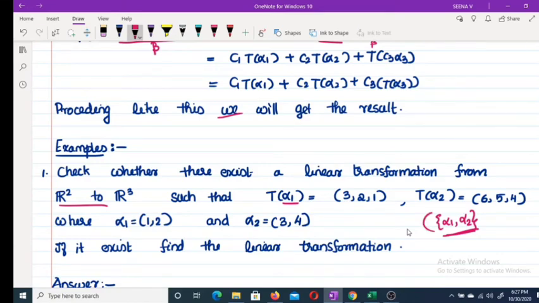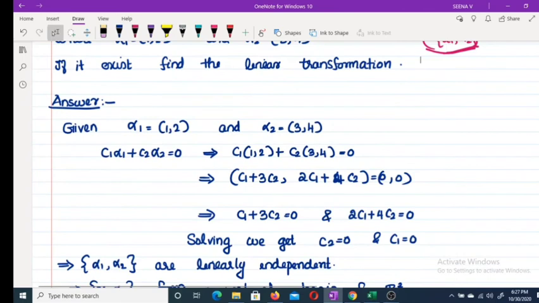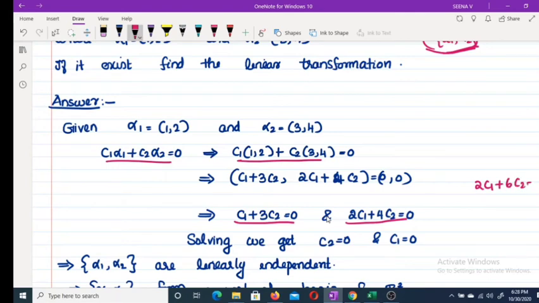So first we have to prove alpha 1 and alpha 2 are linearly independent. For this, take C1 alpha 1 plus C2 alpha 2 equal to 0, which implies C1 equal to 0, C1 plus 3C2 equal to 0, 2C1 plus 4C2 equal to 0. If we multiply this one by 2, we get 2C1 plus 6C2 equal to 0.